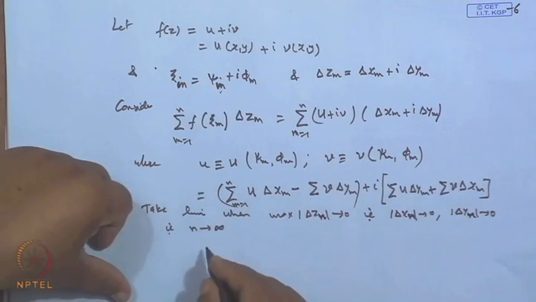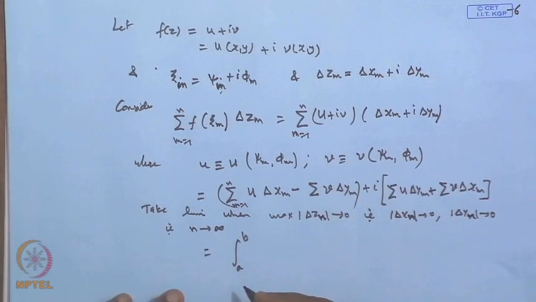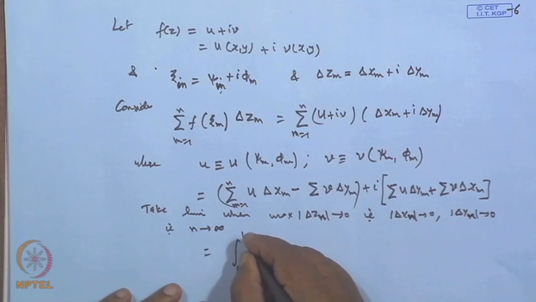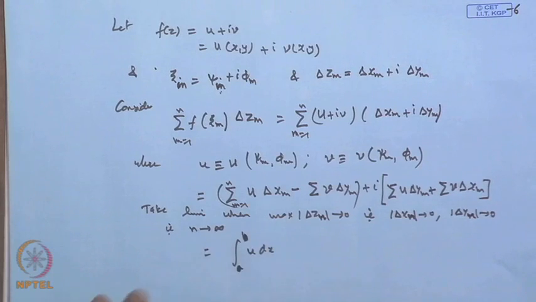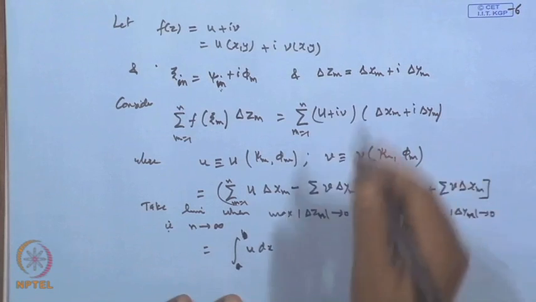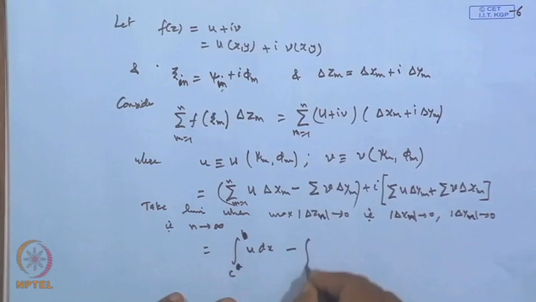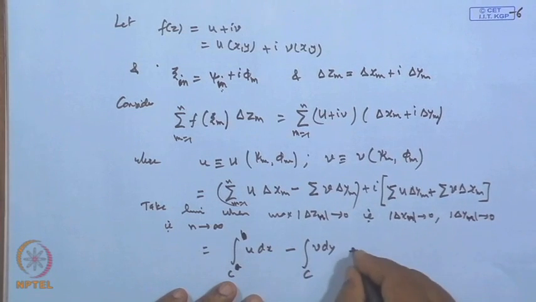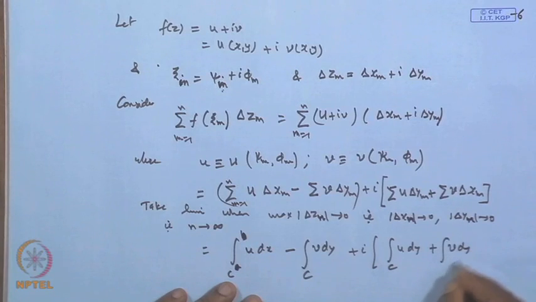So, it will give the integral of u dx, and this integral is taken over the curve C. So, this is the integral of v dy along the path C, and then i times this will be the integral of u dy along C plus the integral of v dx along C.